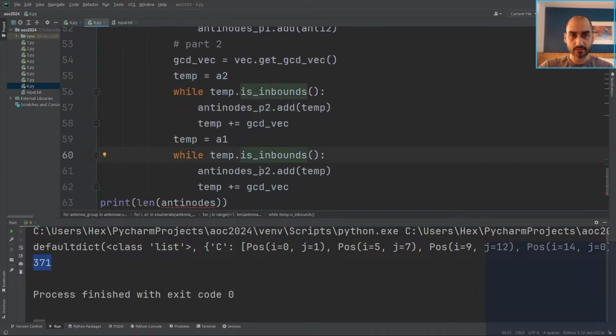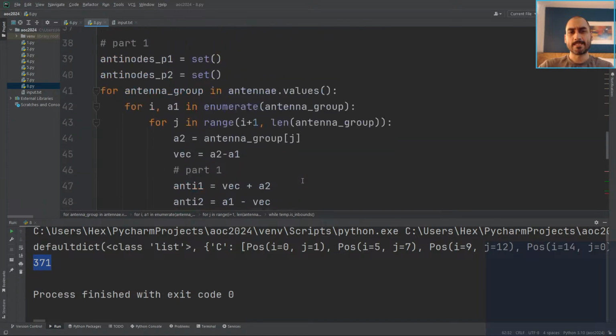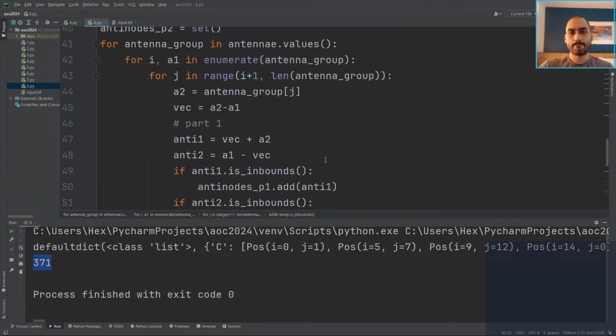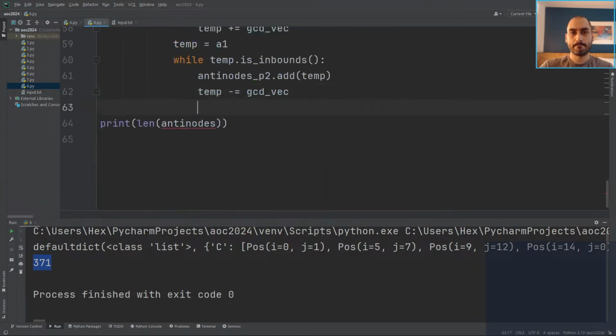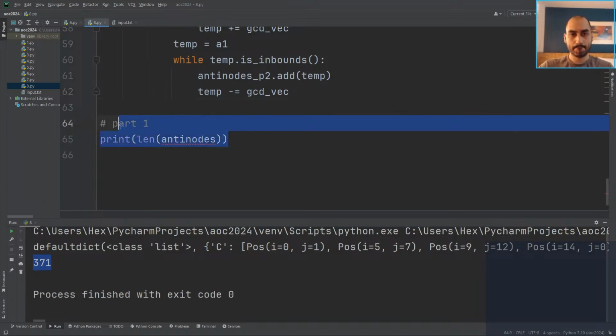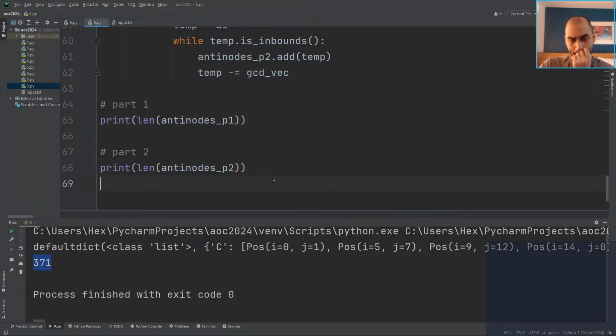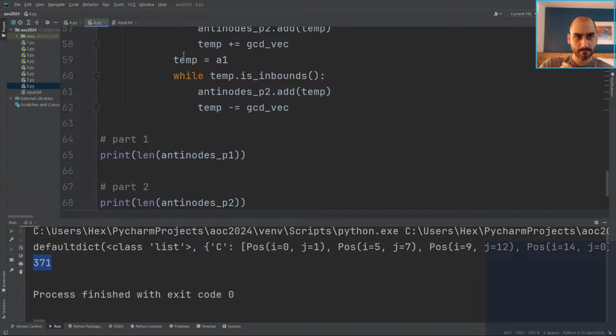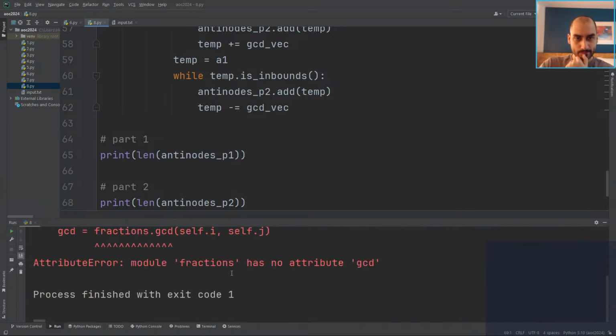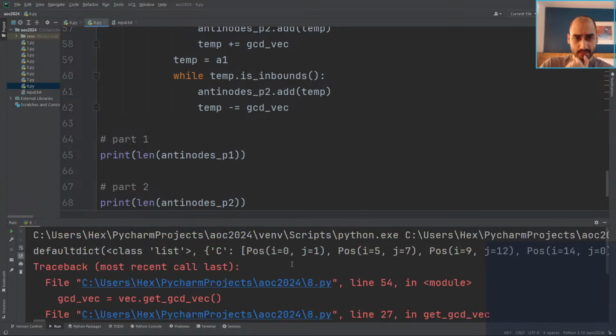Temp is in bounds, antinodes P2 add temp, minus equal GCD vec. Alright. I'm confident. Module fractions has no attribute GCD.